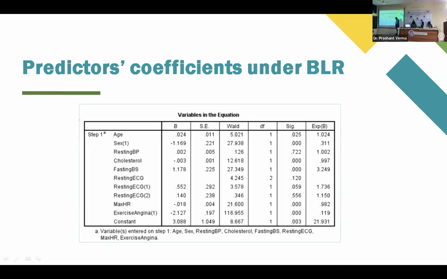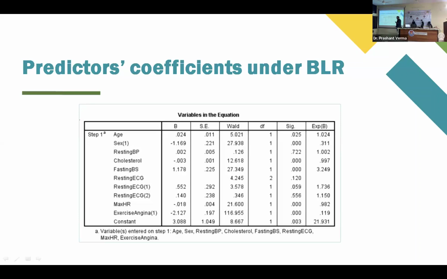And again, before checking this, we have to find out whether the variable is significant or not. If we are taking the 95% level of confidence, the p-values which are less than 0.05 are significant at the 5% level of significance. If the p-value is less than 0.01, it's significant at the 1% level of significance.